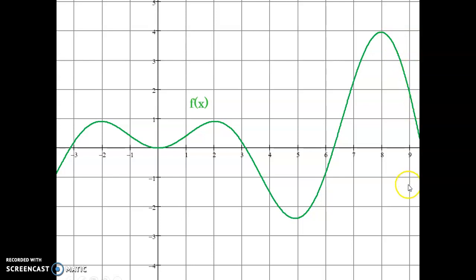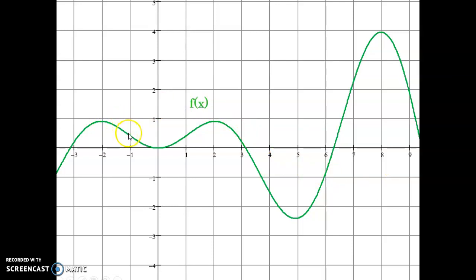Where will the second derivative be positive and where will it be negative? Well, we said that the second derivative will be positive when the original curve, the curve we're looking at, is concave up. So we're looking for points of inflection first here.